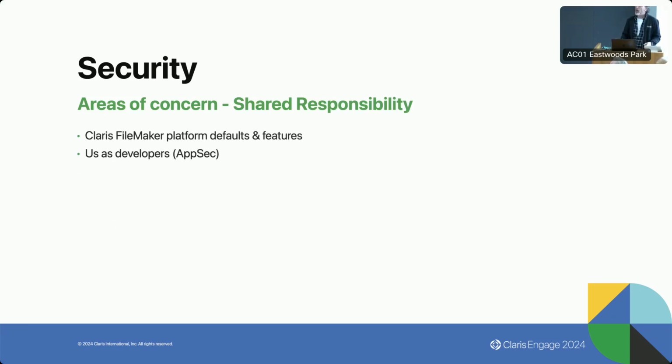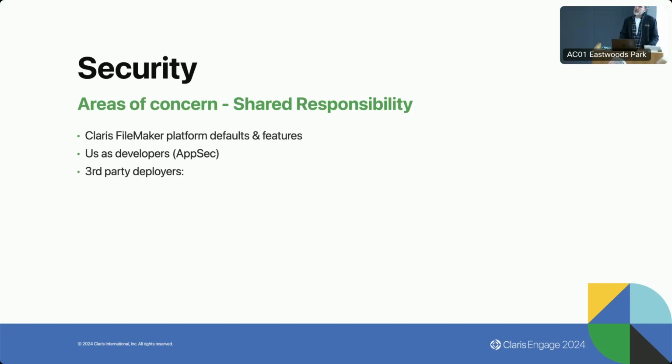And we need to be aware of where those boundaries are in that shared responsibility, right? Clearly, we have our own responsibility. Claris has their responsibility. They need to deliver features to us that are not buggy in the sense that they can compromise security. And they make mistakes, right? We make mistakes, they make mistakes. We've got to be honest about that. Clearly, as developers, we've got to make sure that the code we write does not contribute to any vulnerability.